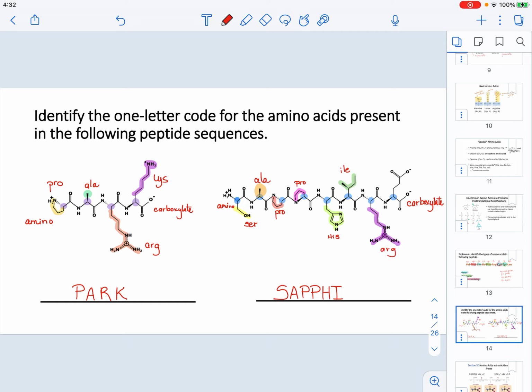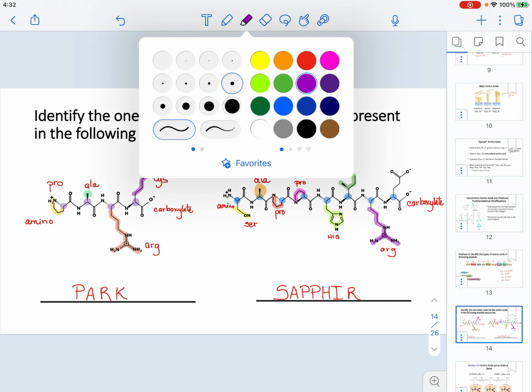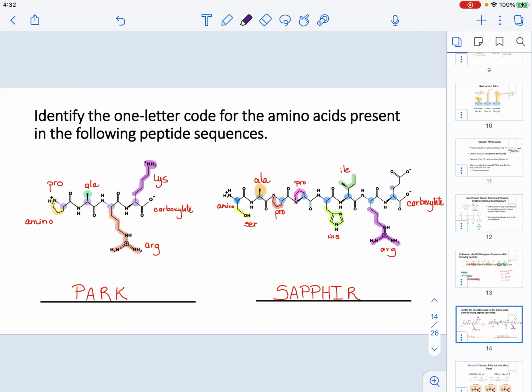That is arginine, which the one-letter code is an R. And lastly, I have CH2CH2 C double bond O, O minus, which is going to be glutamic acid, which the one-letter code for it is the letter E.